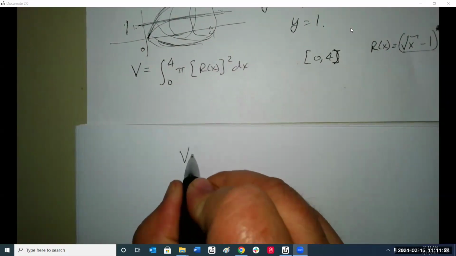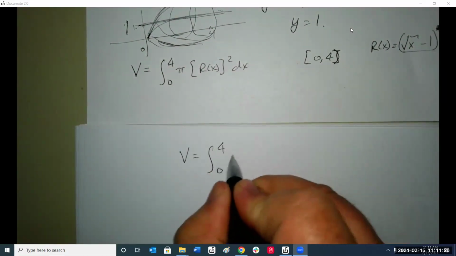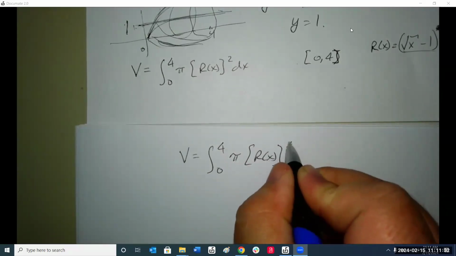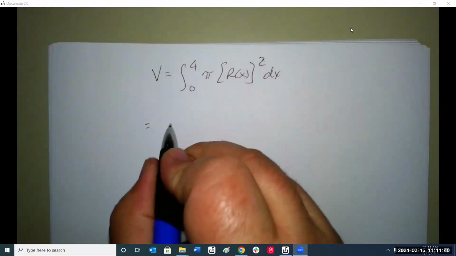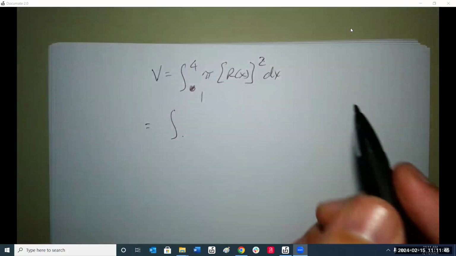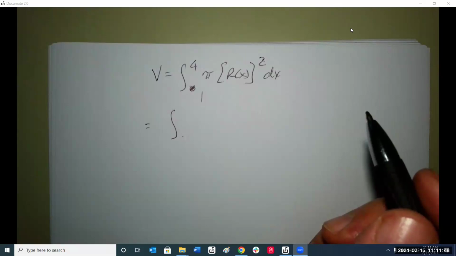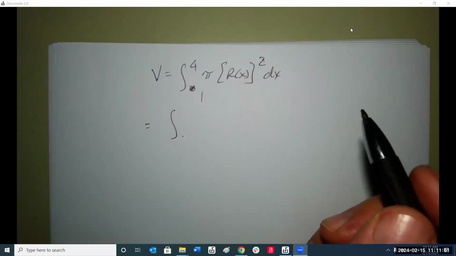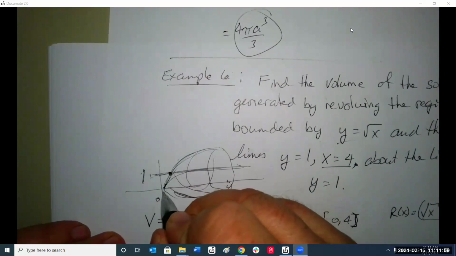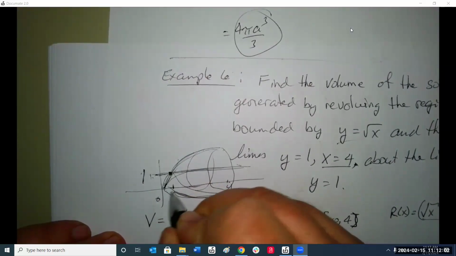Let's put all these pieces together now. Not 0, because it goes from x equals 1, because that's where it intersects, when x equals 1.